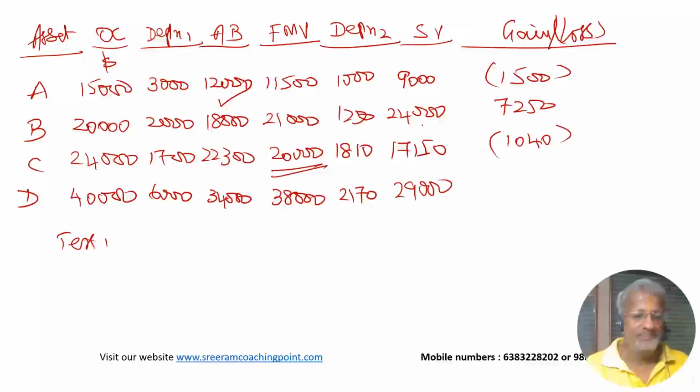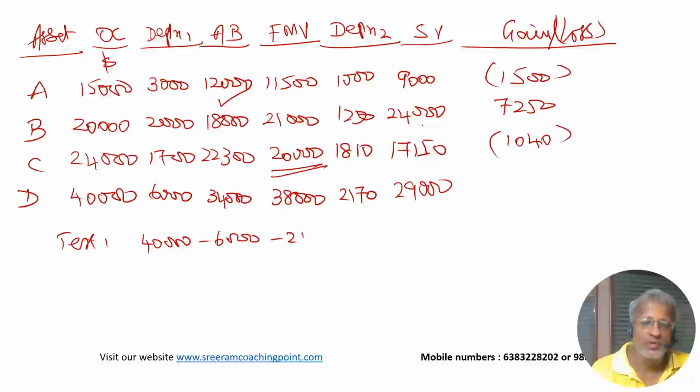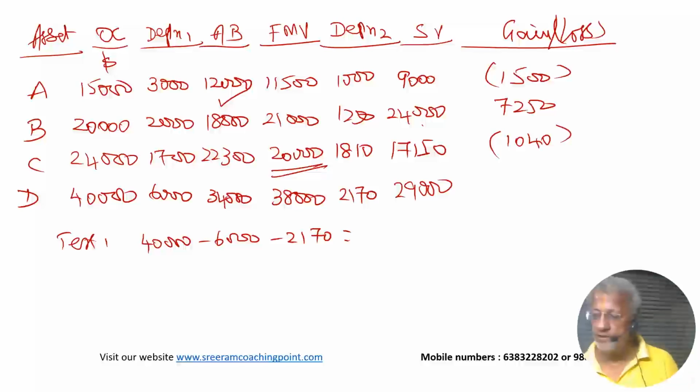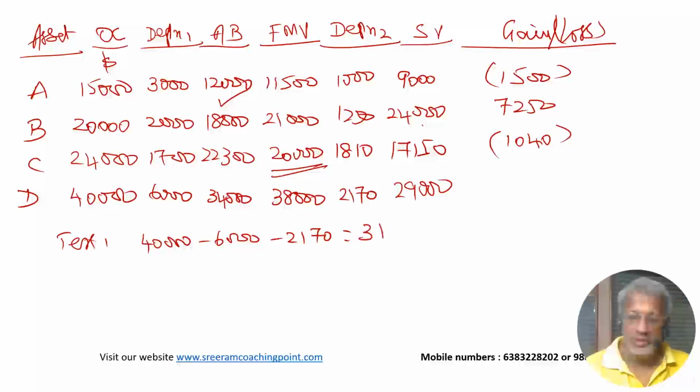Test 1: 40,000 minus 6,000 minus 2,170 comes to 31,830 versus 29,000.